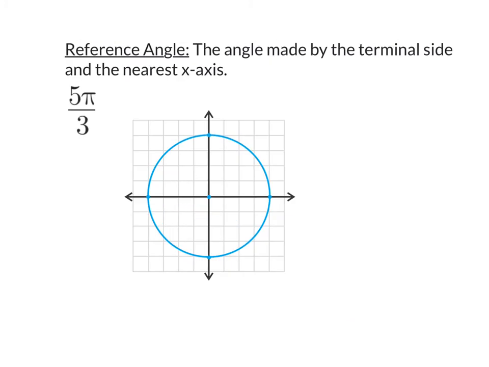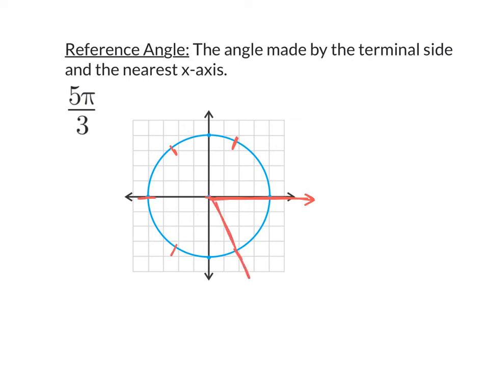So that was quadrantal angles. The second big idea here is reference angles, and that is the angle made by the terminal side and the nearest x-axis. If we're talking about the angle 5 pi over 3, now we could draw that in standard position. There's 1/3 pi, 2/3, 3/3, 4/3, and 5/3.